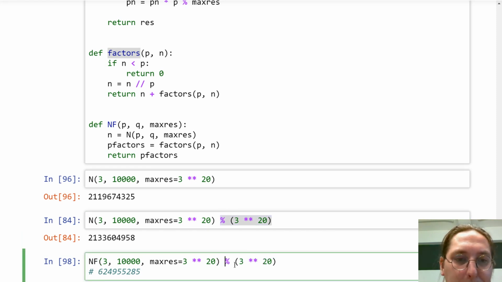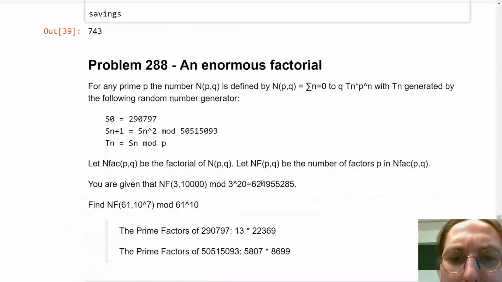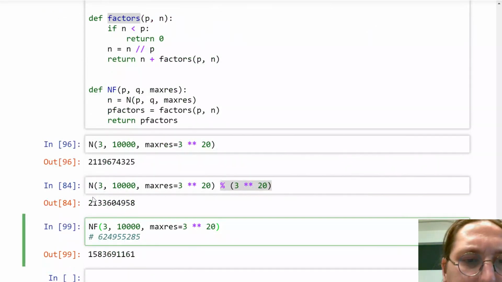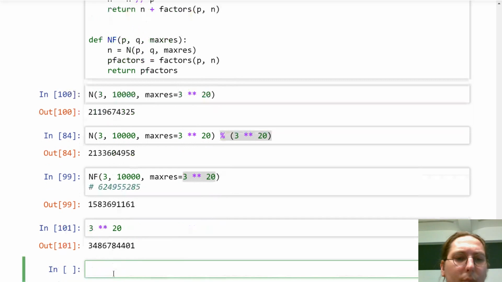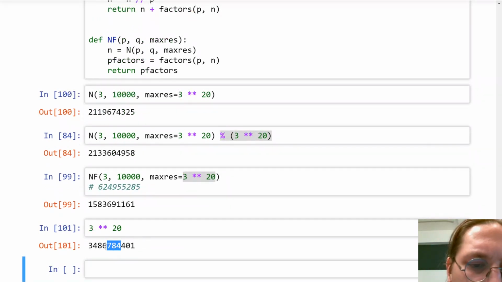It's already too much because you only get 624 million. The 2133 number is too high. What is 3 to the power 20? Can you show 3 to the power 20? Moment. 3 billion. In 2133.